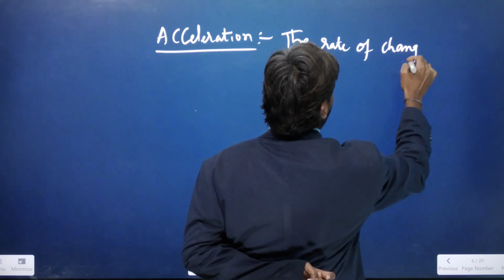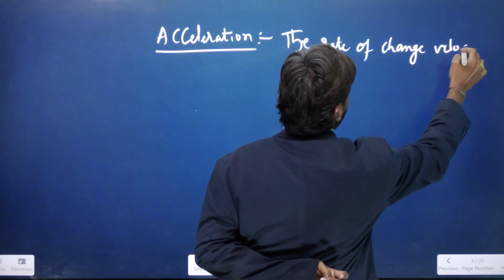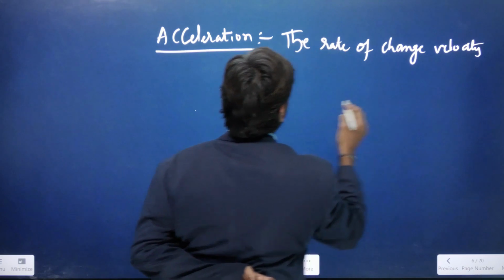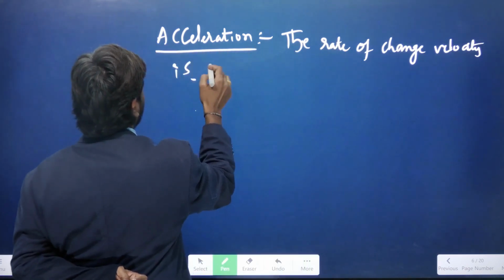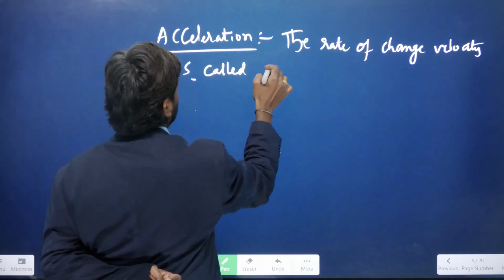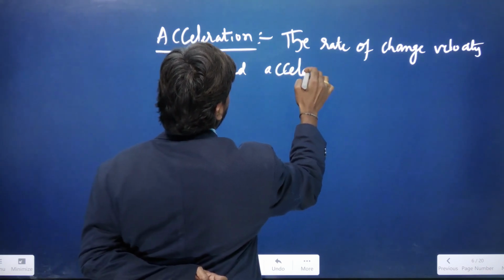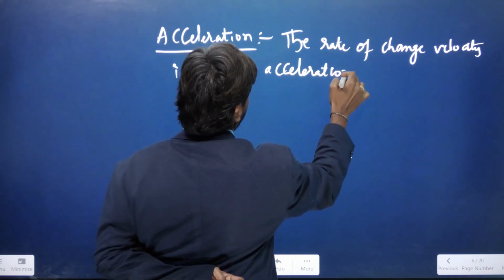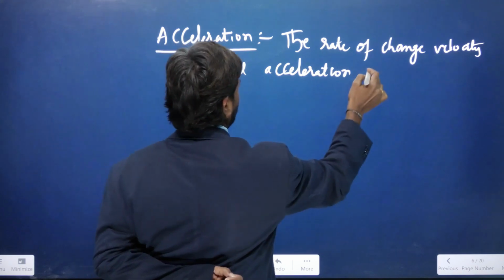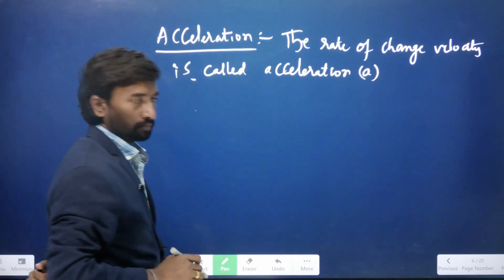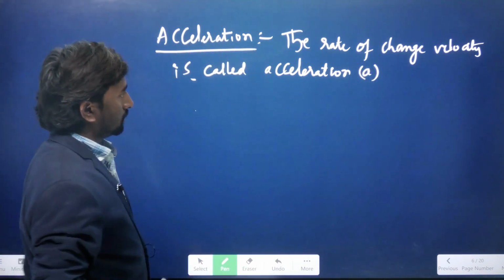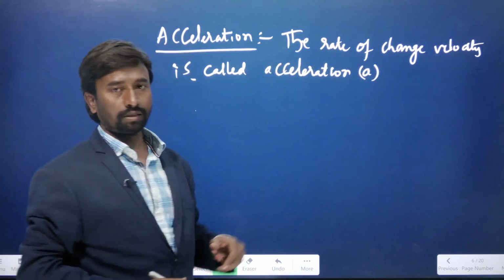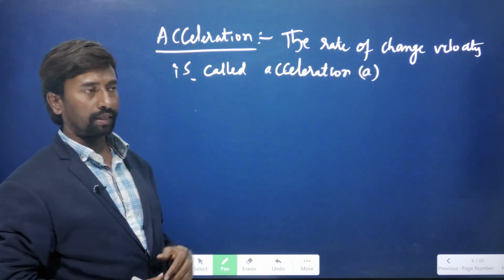Rate of change of velocity is called acceleration, and it is denoted by the letter A. Now, rate is nothing but any physical quantity divided by the time.